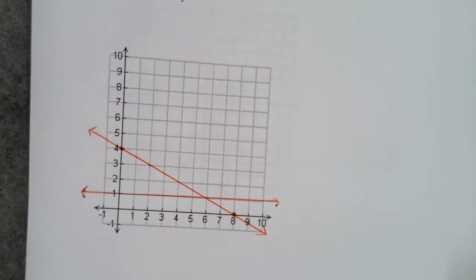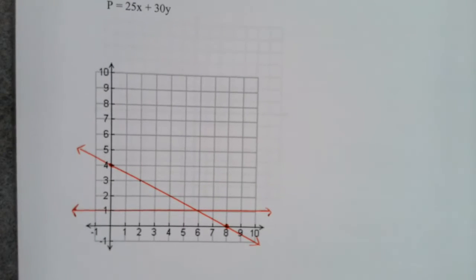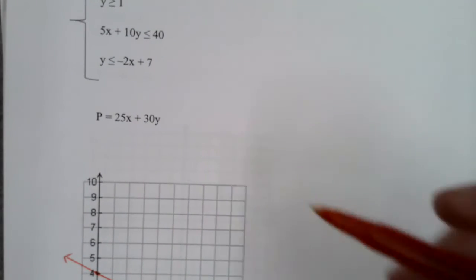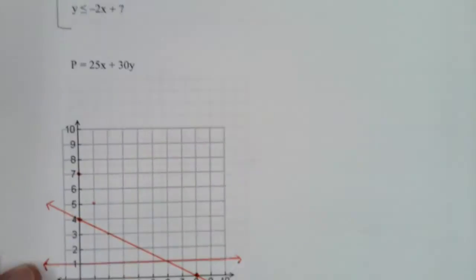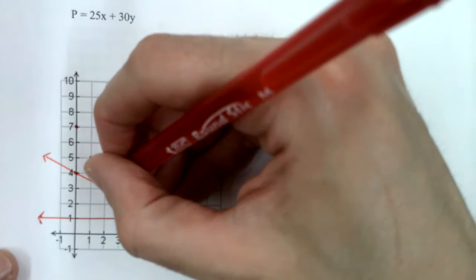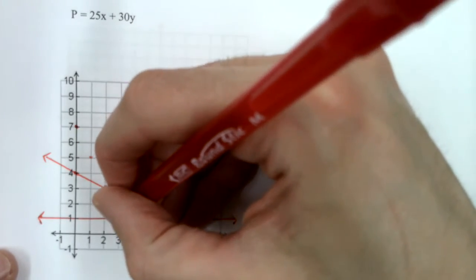Just bear with me 1 second while I draw that. There we go. Got it. And our last line has a y-intercept of 7 and a slope of negative 2. So down 2, right 1, down 2, right 1, down 2, right 1.